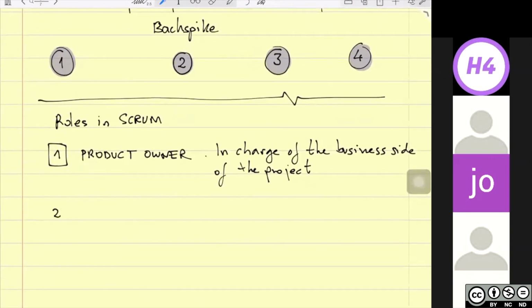So number 2, we have the Scrum Master. It's responsible for ensuring each member of the team understands Scrum. So he's responsible for empowerment.